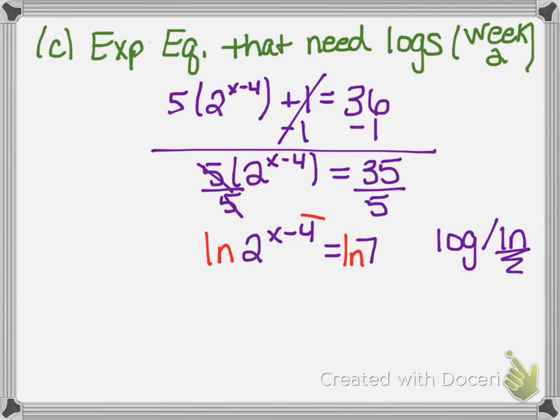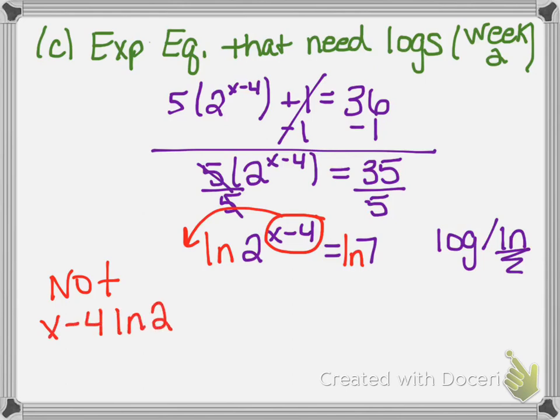When I do that, this is now an exponent that wants to move down to the front. When you move this down to the front, it is not going to look like this. Okay? And the reason it's not going to look like that is because what you are saying is that the 4 is attached to the natural log of 2 and nothing else is.